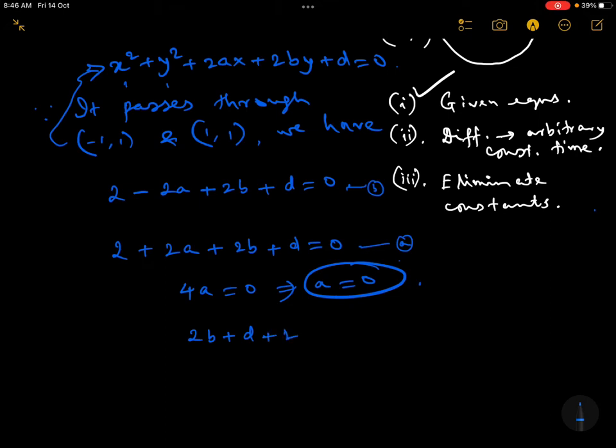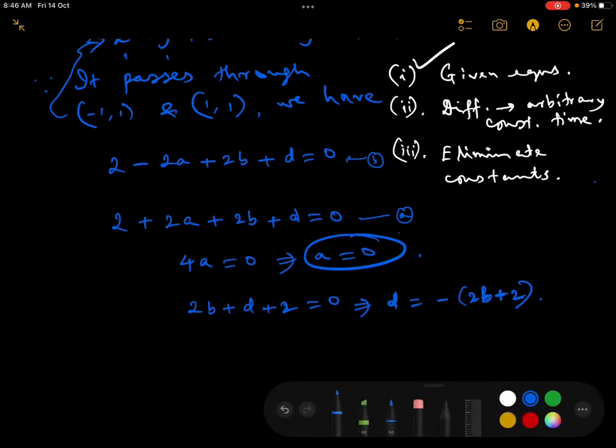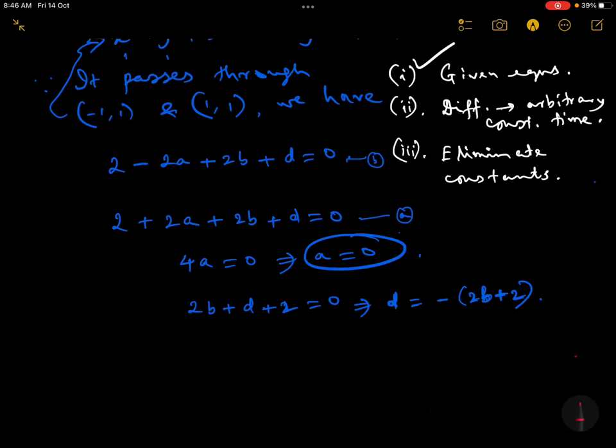This implies that d equals minus, 2b plus 2. So writing d in terms of b. Okay, we have found this a to be 0 already.